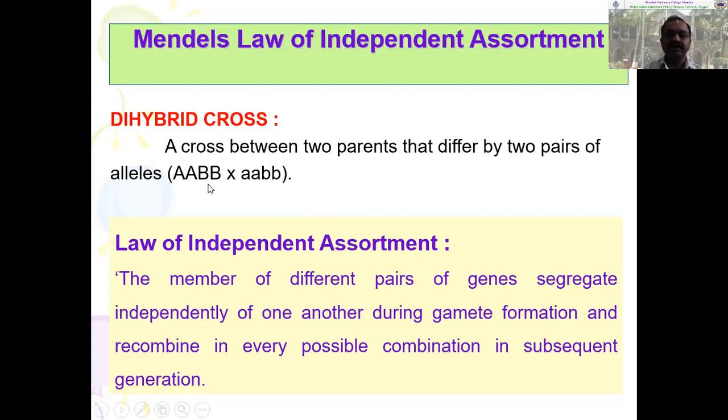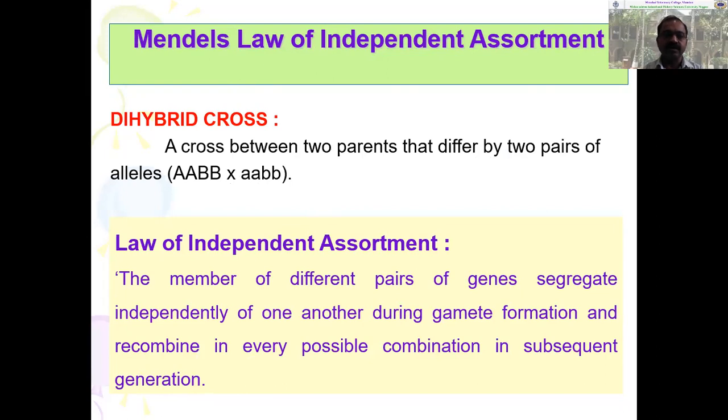Here you can see a pair of alleles, capital A, capital B, which is crossed with small a, small b. He considered two different characteristics, like the shape of the pod as well as the color of the pod.